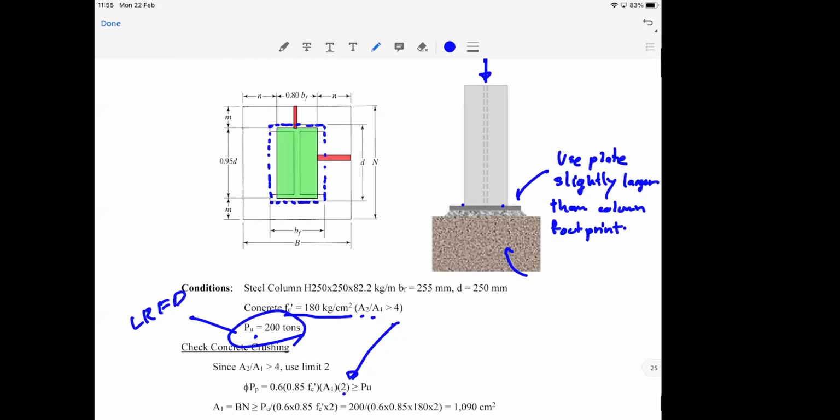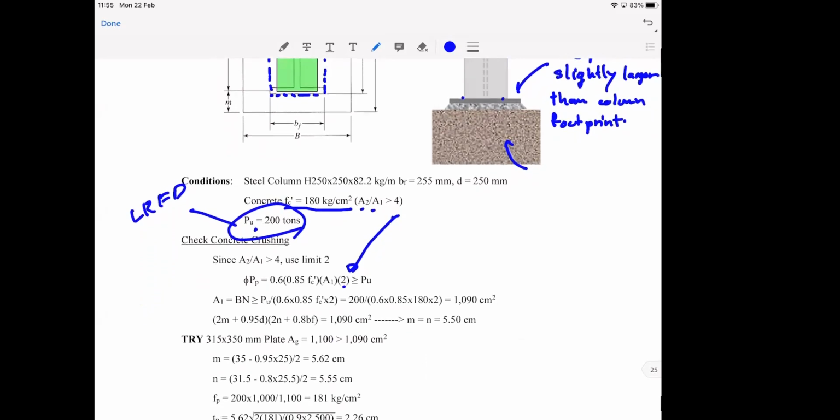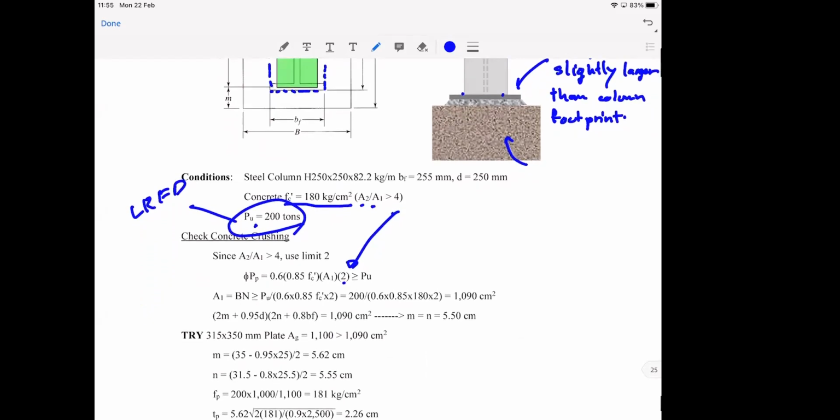By doing this, you can calculate the area of the plate A1. You can play around if you don't know that the concrete will have to be very, very large. However, we know that the situation gives us a very large concrete, so we can use 2 right away. Therefore, we set up the concrete crushing strength to be greater than the PU, and we can calculate the area A1 now.